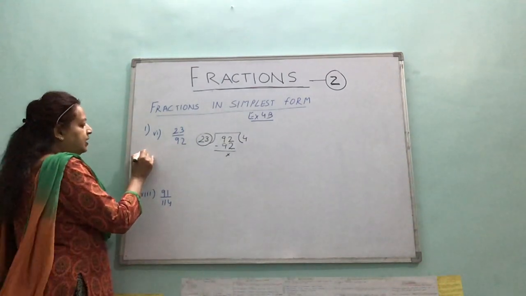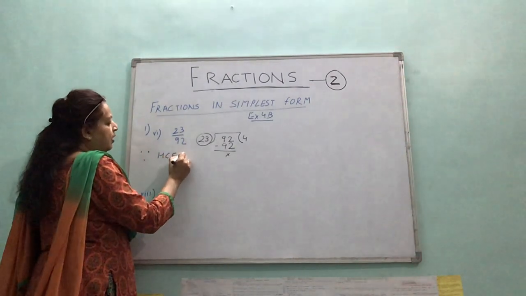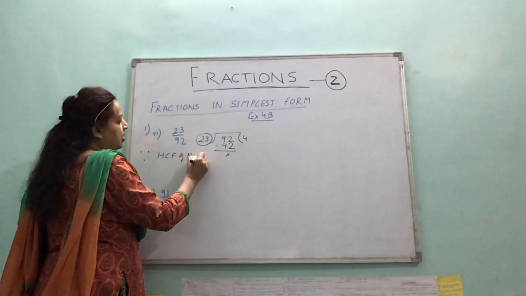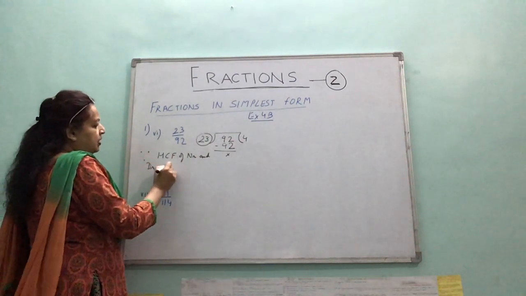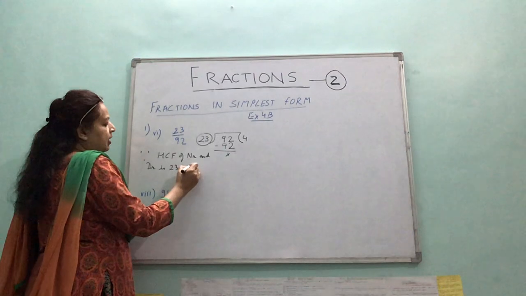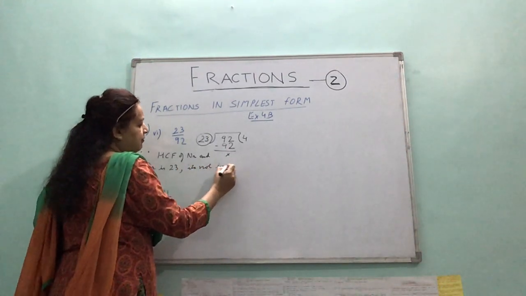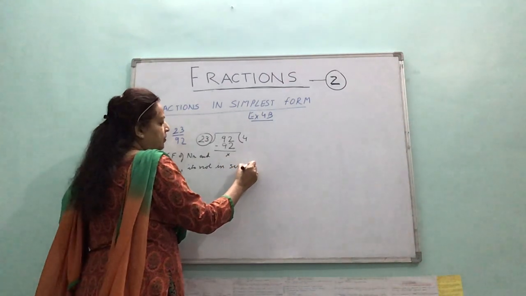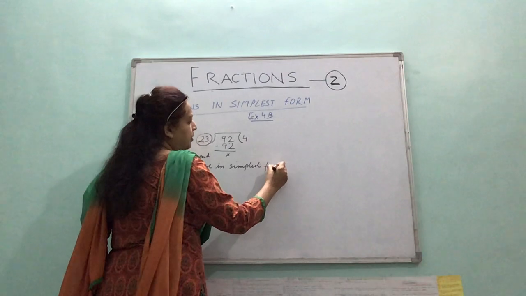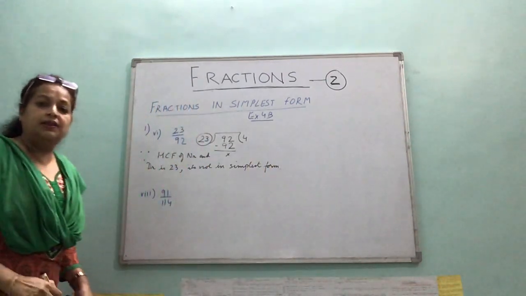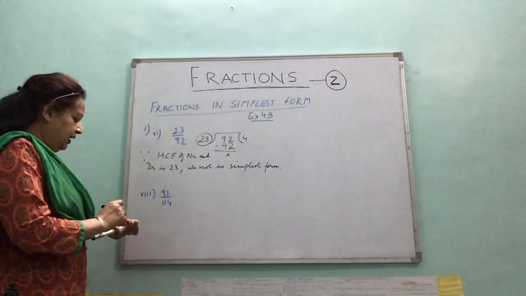So, since the HCF of numerator and denominator is 23, it's not in simplest form. Always try to write your answers properly. Answer the question. Whatever the question says, your answer should be in that statement, always. Okay, let's try the next one.